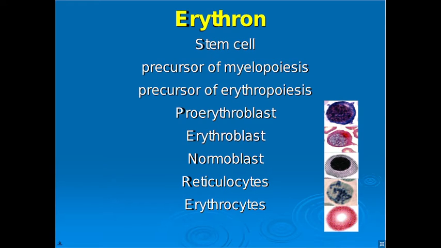After that, also mature forms, reticulocytes, and finally the mature red blood cell, the erythrocyte without any nucleus, the mature cell that's able to complete its main functions, like oxygen supply and iron element supply.